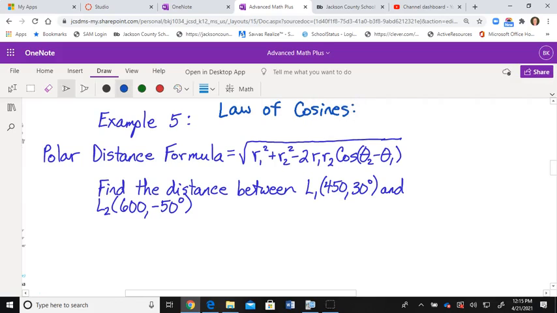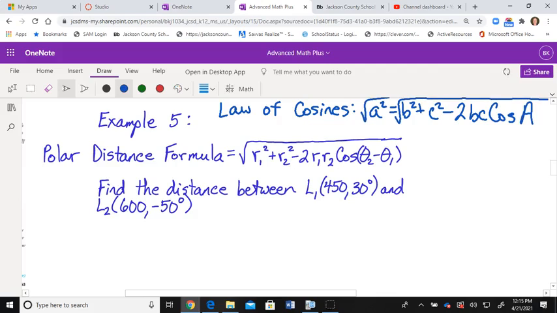Your law of cosines, and remember, there's three of them. I'm just going to put one up here. It's the one that said a squared equals b squared plus c squared minus 2bc cosine of A. Y'all remember that? Okay. And then to find a, we just took the square root of everything. This is the same thing as that.